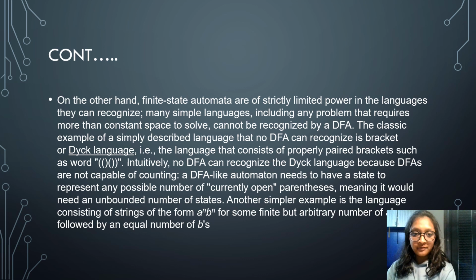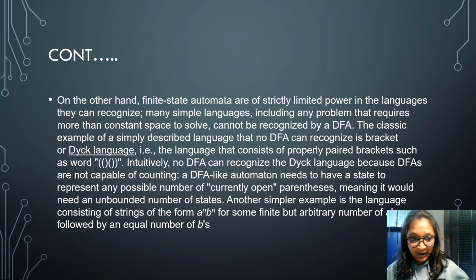On the other hand, finite state automata are of strictly limited power in the languages they can recognize. Many simple languages, including any problem that requires more than constant space to solve, cannot be recognized by a DFA. The classic example of a simply described language that no DFA can recognize is the Dyck language, that is, the language that consists of properly paired brackets.